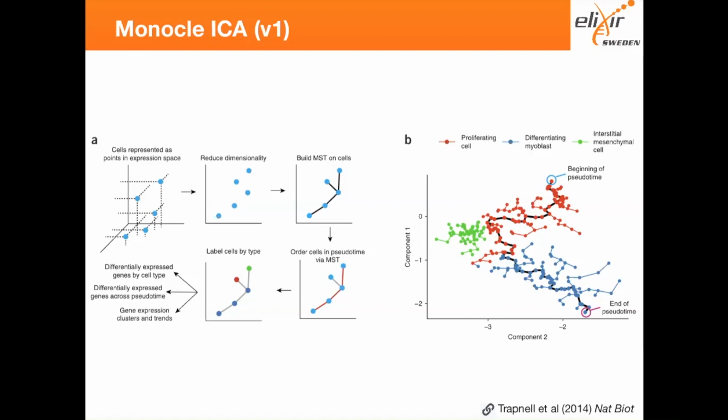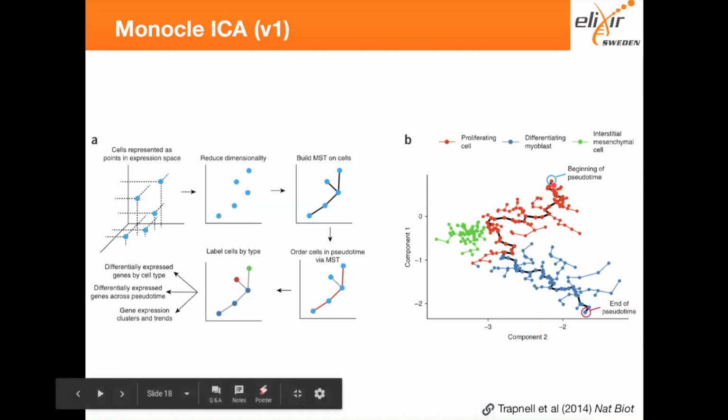In the sense of gene expression, what is the minimum? It means that you have a set of genes and another set of genes which is closer to each other. Is this the minimum distance? Yeah, so if you consider these cells here, they are close in the dimensionality reduction space.